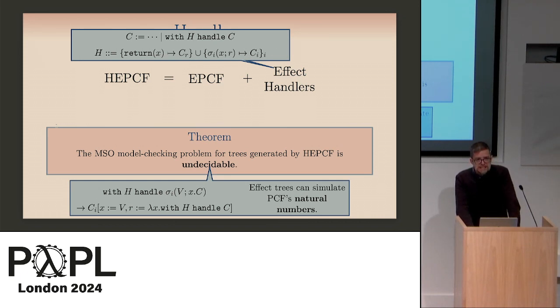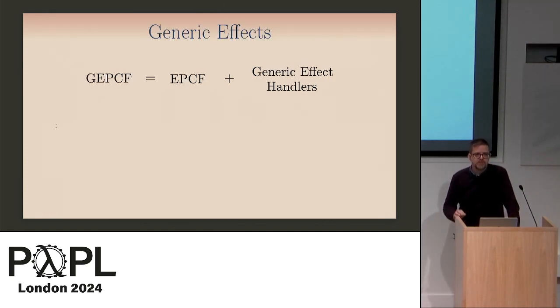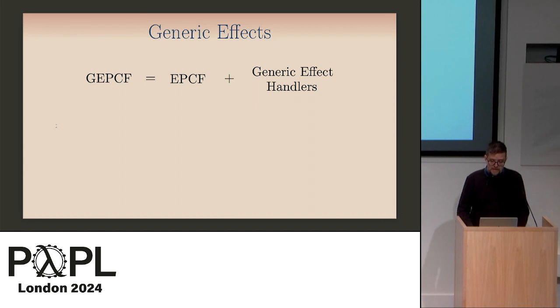So, is this once again the end of the story? Can we do something about programs with handlers? The answer is yes, we can do something, but we have to pay a price, and the price is that we have to consider a very restricted notion of a handler, what we call a generic effect handler.